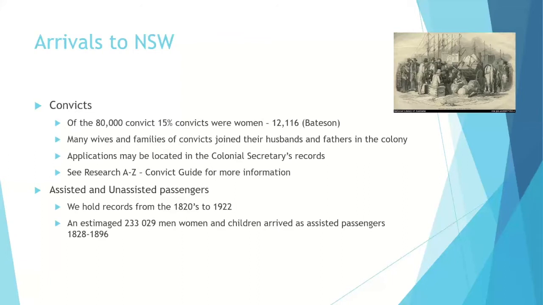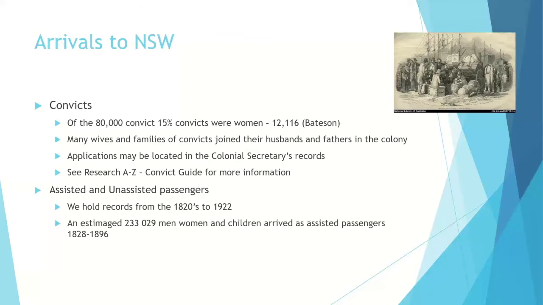And then, of course, we've got unassisted and assisted passenger records. We hold records of free passengers coming out to New South Wales on ships between the 1820s up to 1922. We think that about 233,000 men, women and children arrived as assisted passengers between 1828 and 1896.